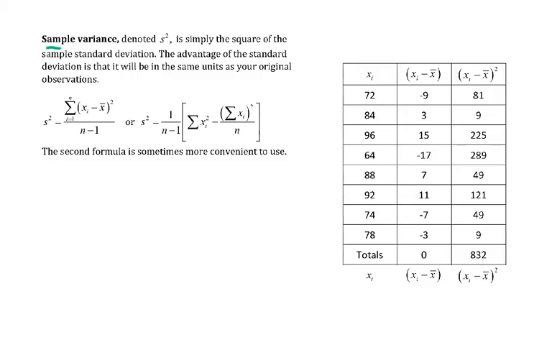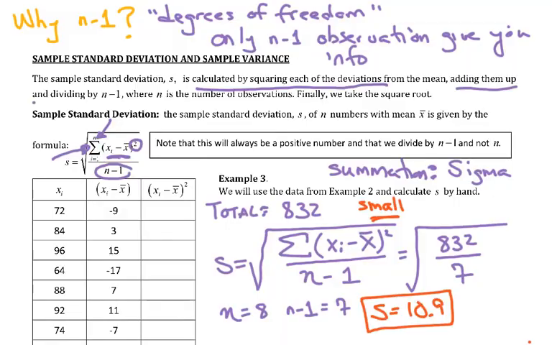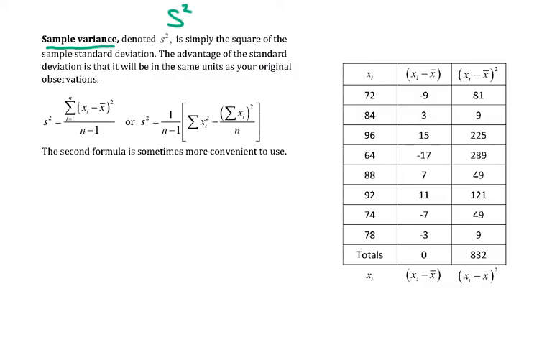Sample variance is important, but we don't use it as much, especially in this course. It's simply the standard deviation squared. So instead of having the square root there, for this example, this would just be 832 divided by 7, which is 118.86.